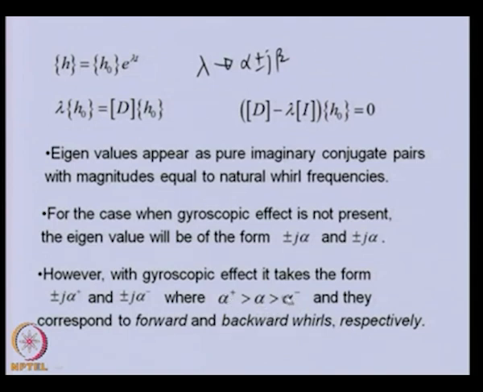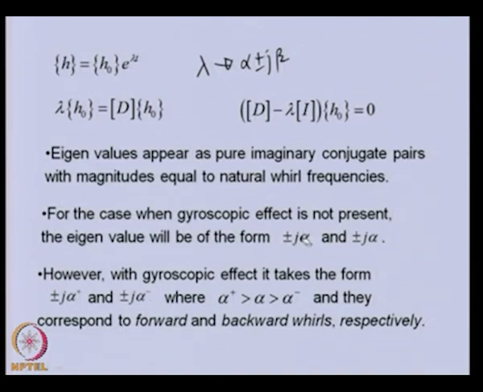So, basically what is happening when we consider the gyroscopic effect is that this natural frequency corresponds to two different planes, because once we are not considering the gyroscopic couple, these two plane motions are uncoupled. So, we expect in the two planes the natural frequency will be the same, but once we have the gyroscopic couple, the two motions are coupled, so we will not have the concept of natural frequency in the horizontal plane and vertical plane, but we will get a system natural frequency which will split.